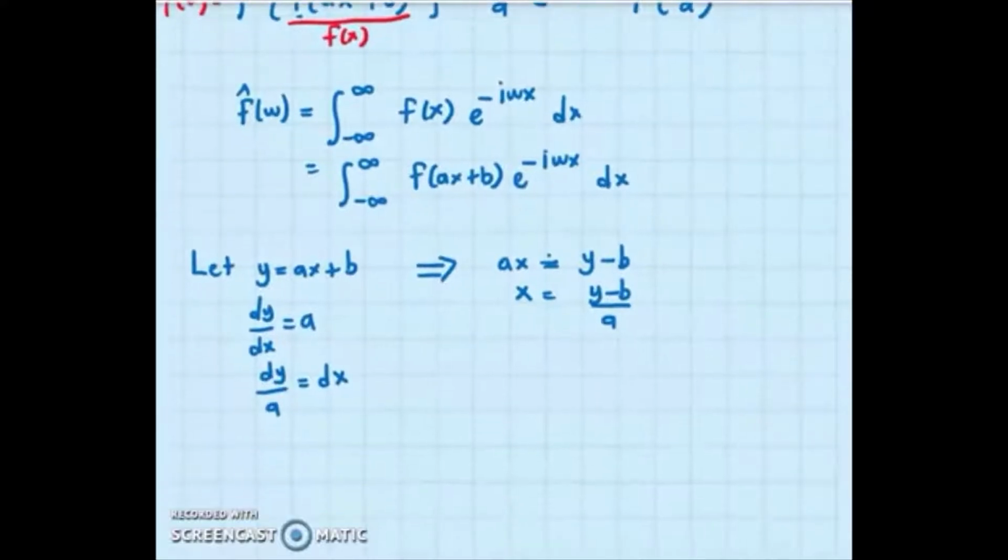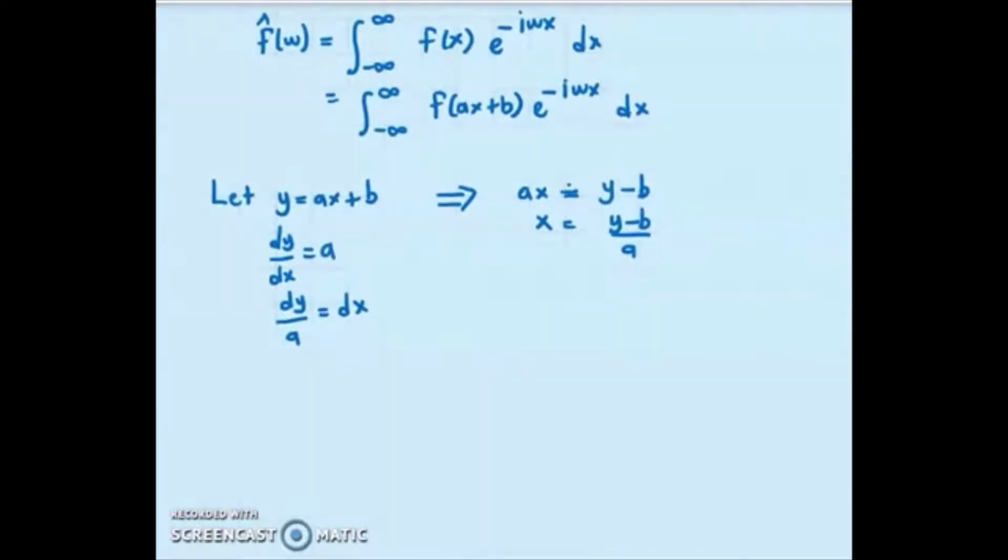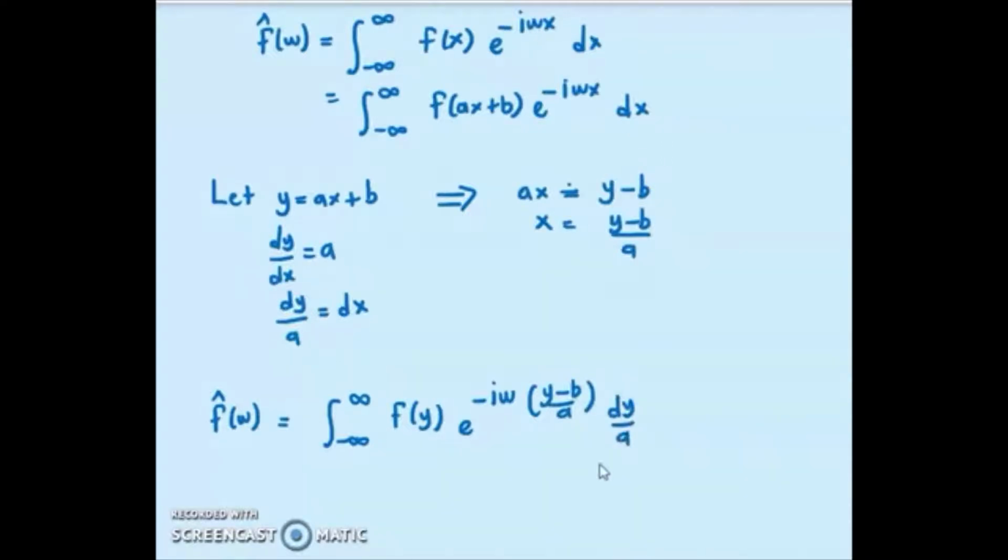Once you've done that, you're going to put it into this integral. So we have f hat of omega equals the integral from minus infinity to infinity of f(y), e to the negative i omega, and my x will be y minus b over a, and dx will be dy over a.